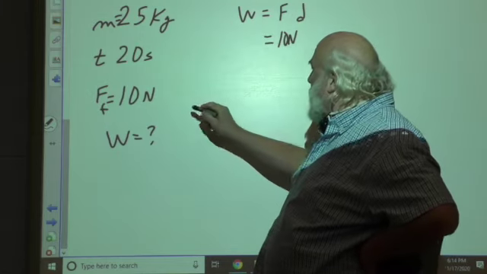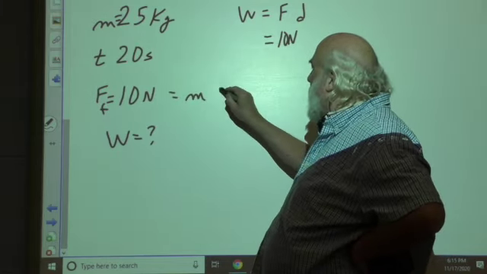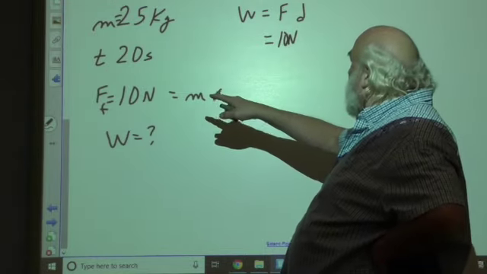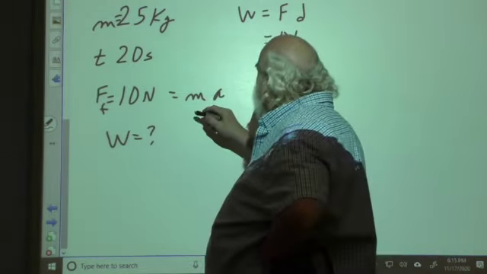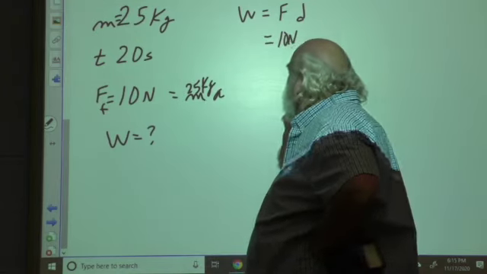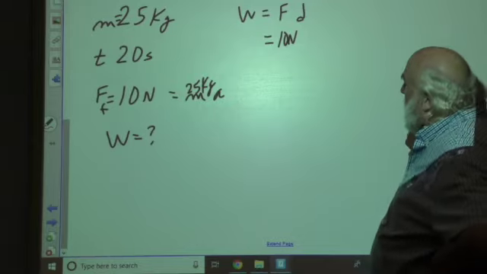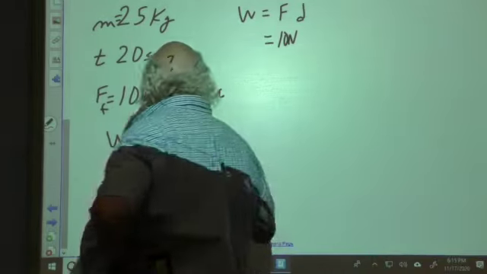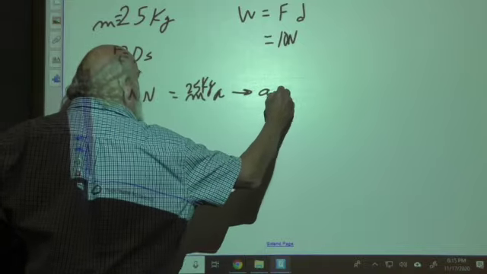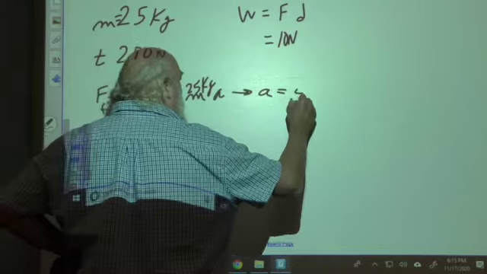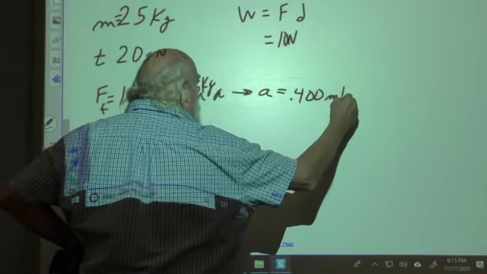Now we know that force equals mass times acceleration, and we know the mass is 25 kilograms. So we can find the acceleration from that, right? We divide by 25 kilograms, and A is equal to 10 newtons divided by 25 kilograms, which is 0.400 meters per second squared.